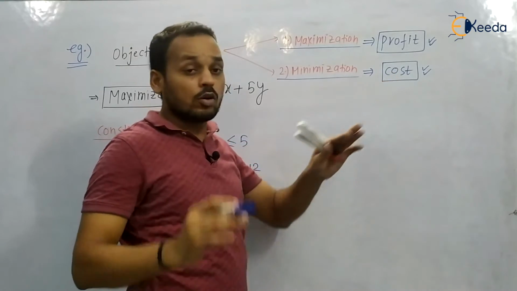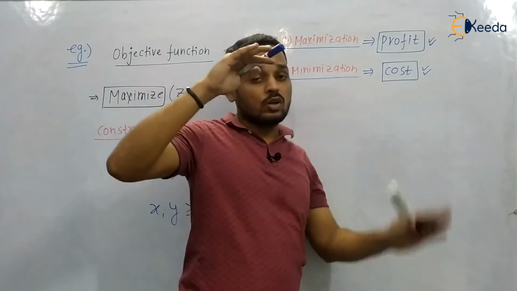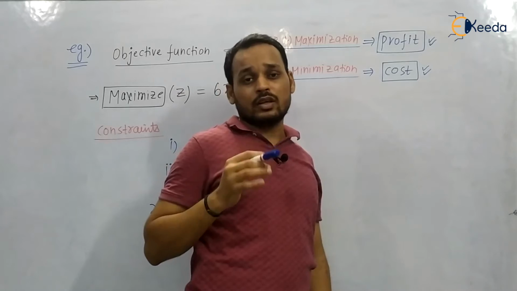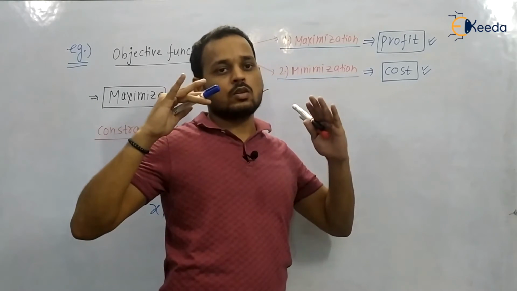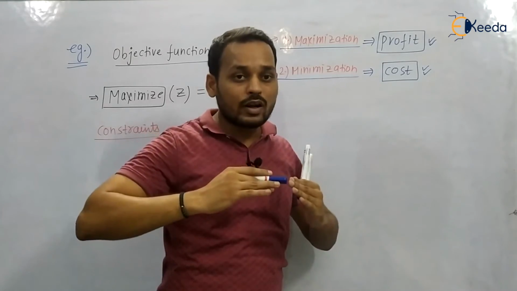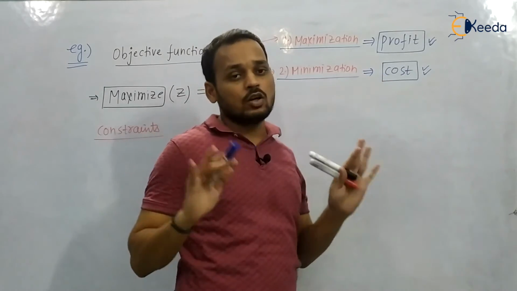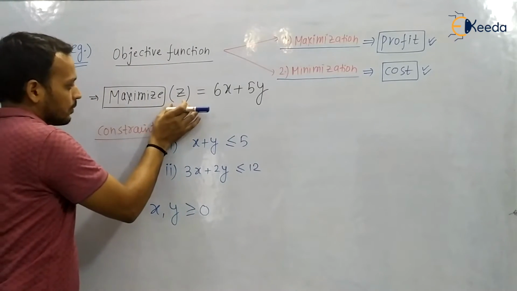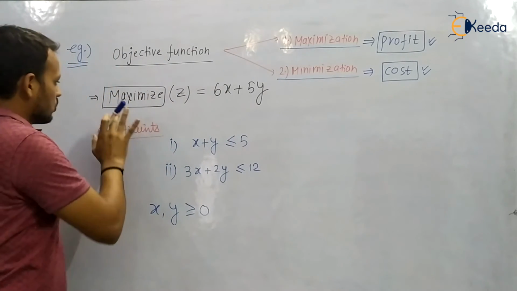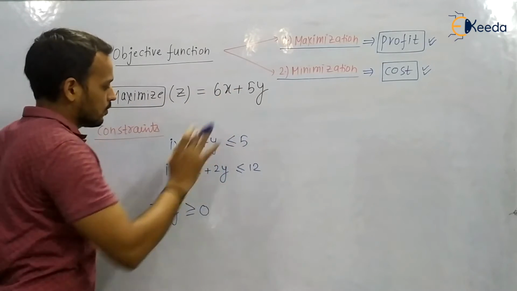And whenever they are talking about cost, you have to minimize the objective function, because you want your cost to be lower and lower. You are just denoting the objective function with z. So: maximize z equals 6x plus 5y.